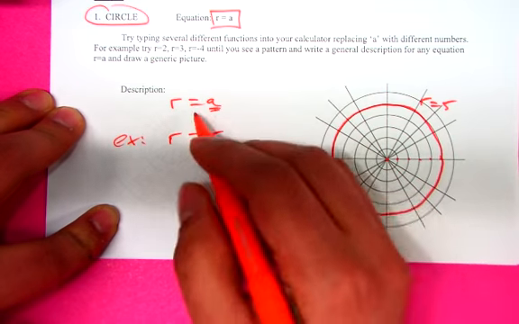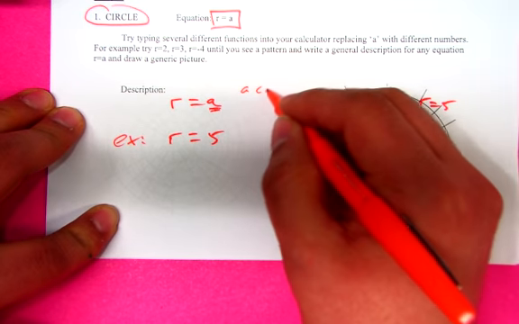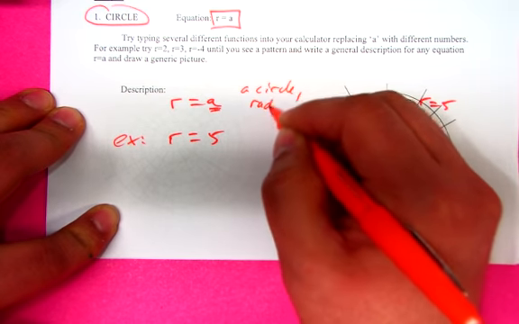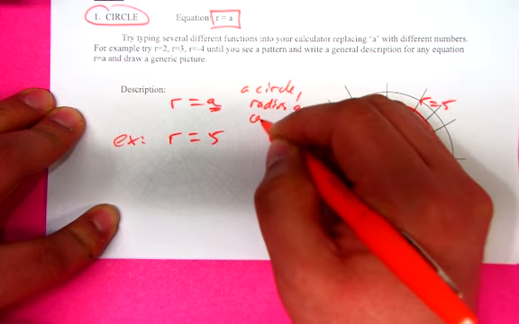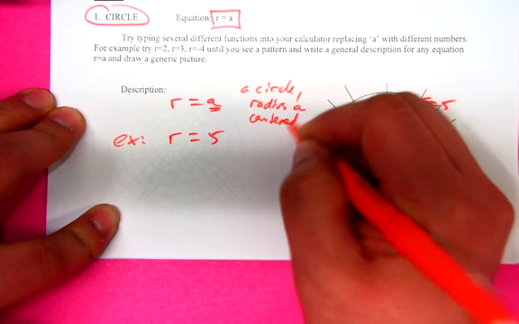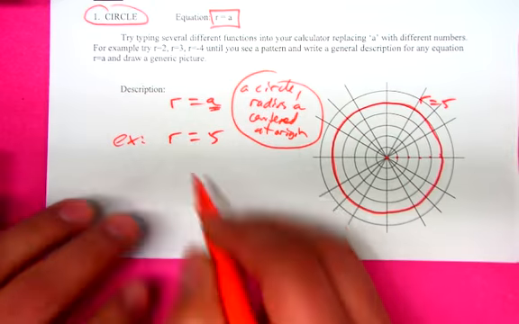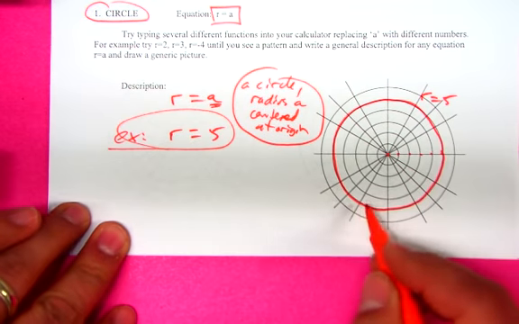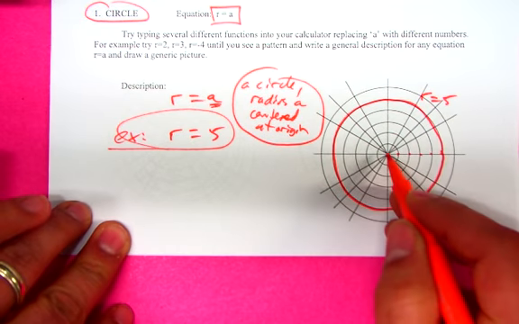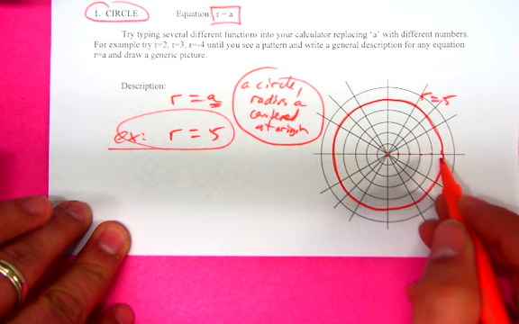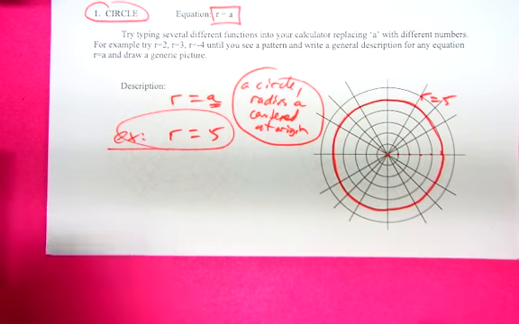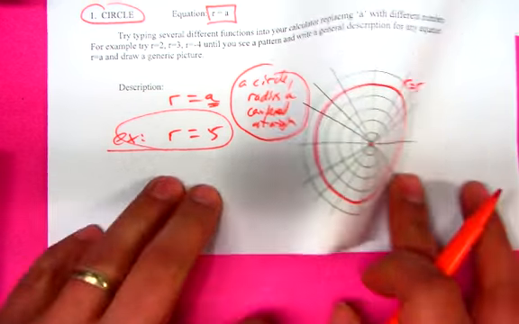So R equals A is just a circle, radius A, centered at origin. And then this is the example I did. If R equals 5, then you just go to the center, the pole, count 5 units away, and there's your circle. Okay?